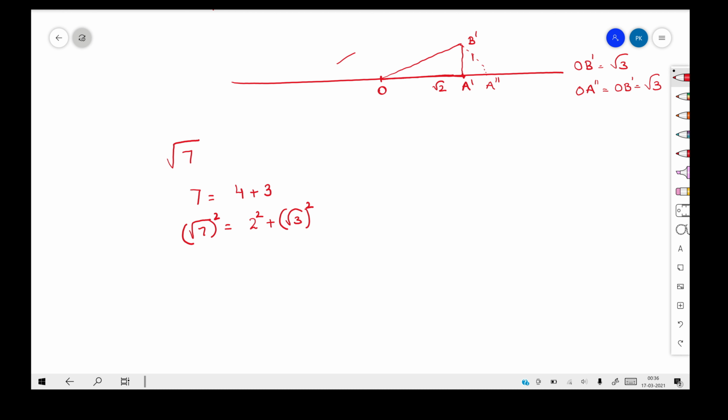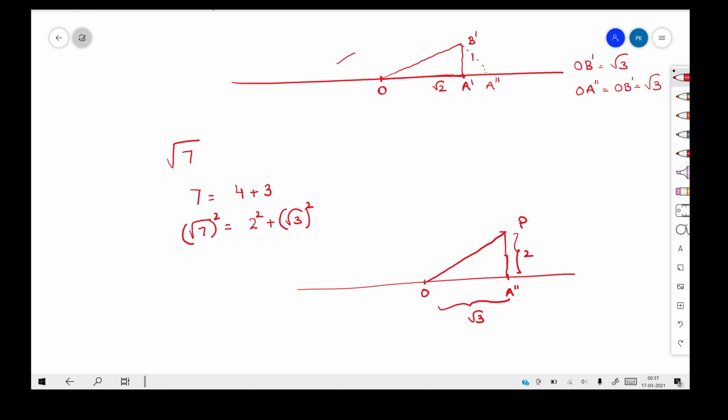We are going to take the number line, first write the origin, and here we have A double dash, which is under root 3. You find this, and then here, instead of 1 unit, we take 2 units. So this is 2, and suppose this is P.